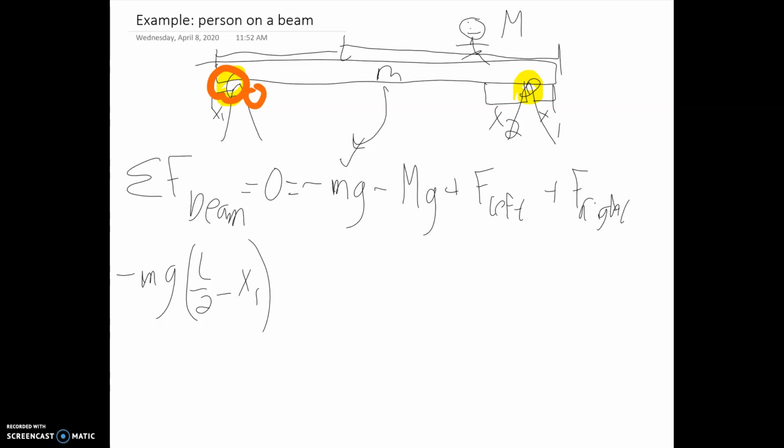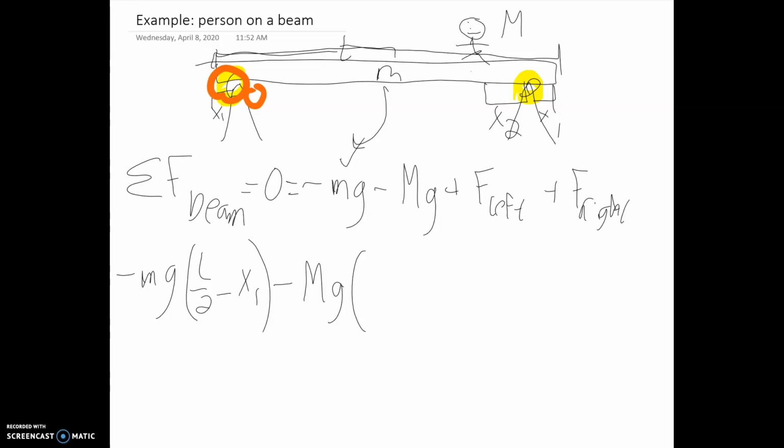Where did I get that from? Well, L over 2 is the whole length of the beam to the middle, and then minus this little bit over here. So I took x1 and put it on there, so I subtract that off. Then I have to do the same for the person here. So that's going to be minus capital Mg. And this time that's kind of tricky because I have to take the distance to the person.